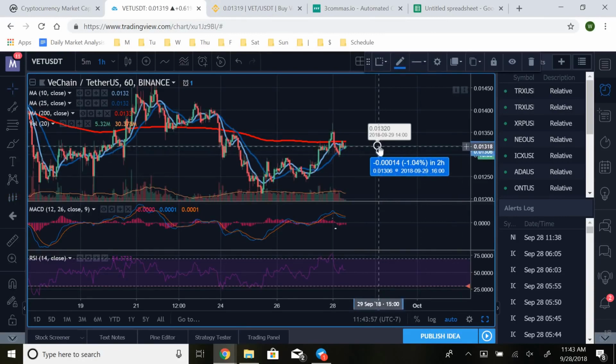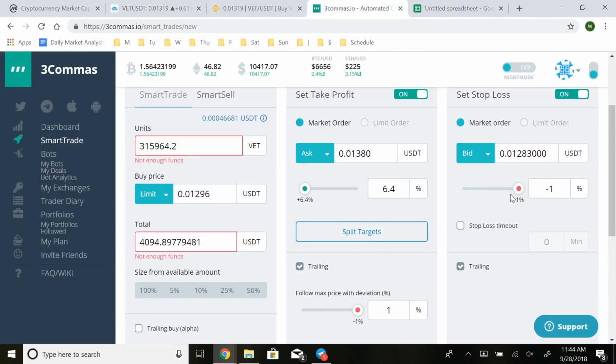If you go up 1%, then the stop loss will rise to the price that you bought at. So it's a trailing stop loss. As the price of the asset goes up, the stop loss will adjust and move up with the price of the asset, so that let's say you're up 3%, and the price just plummets, you will sell out at a 2% gain and walk away with a 2% gain instead of a 1% loss as normal.